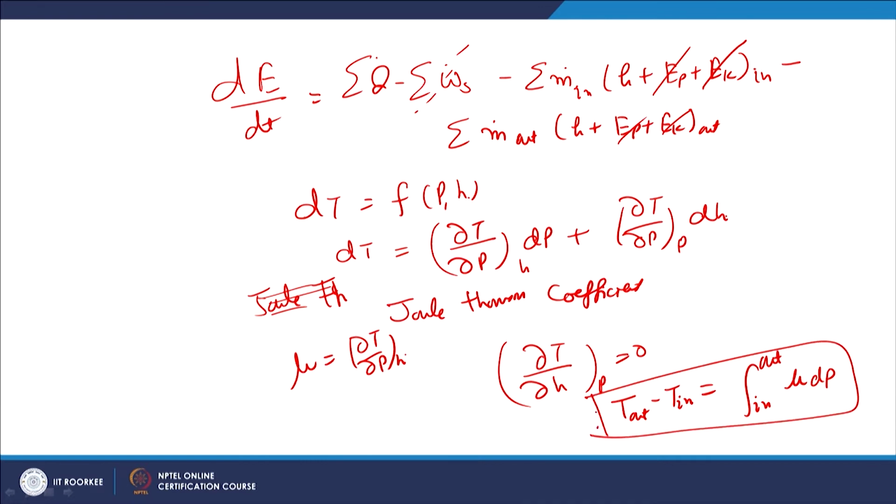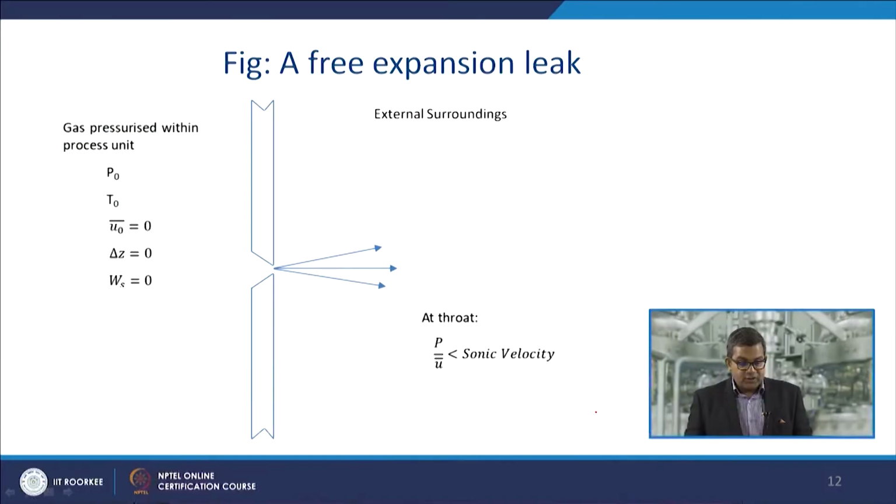Now most gases have a positive Joule-Thomson coefficient, so as the pressure drops, the temperature drops. Now let us have a look at a free expansion leak. Here you can visualize this figure. You have a gas pressurized within a process unit and it leaks through this particular point.